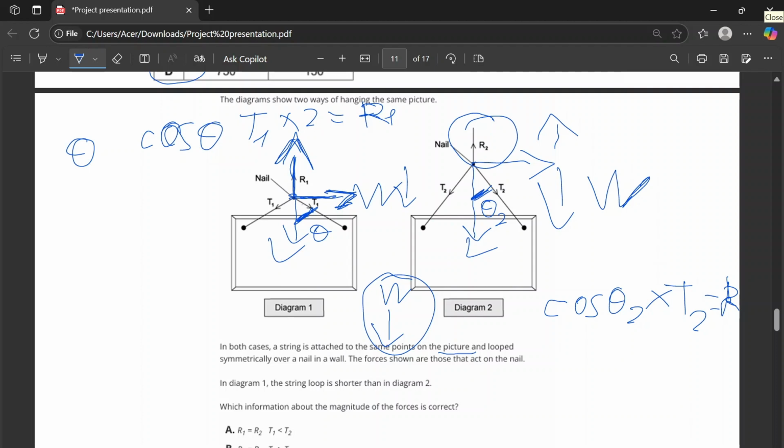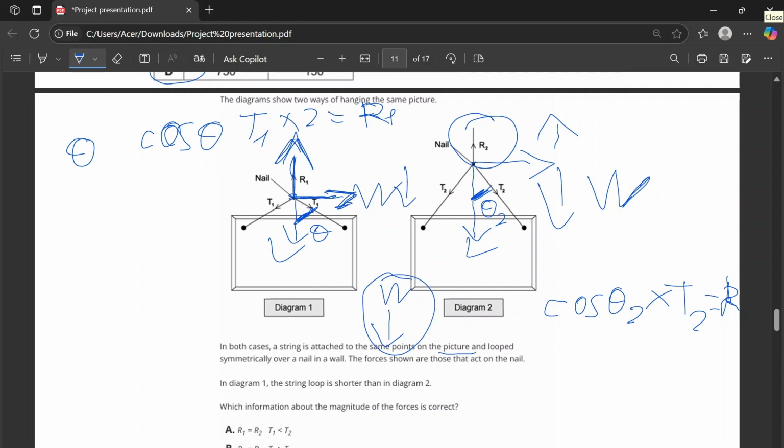From this you can see that if the angle is smaller, then the cosine will be higher. So we can conclude that if the angle is smaller, the force will be higher.